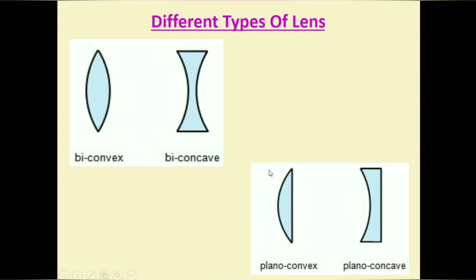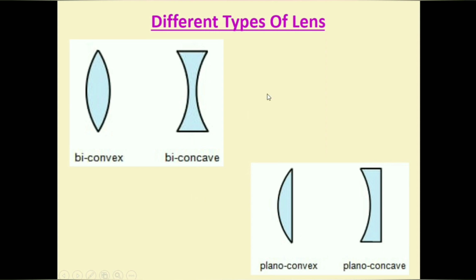Biconvex and biconcave, and also plano-convex and plano-concave. Plano-convex means one surface is plane, another surface is spherical. Plano-concave means one surface is plane, one surface is again spherical. So we can call it as plano-convex, plano-concave.